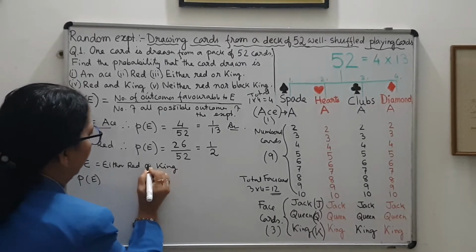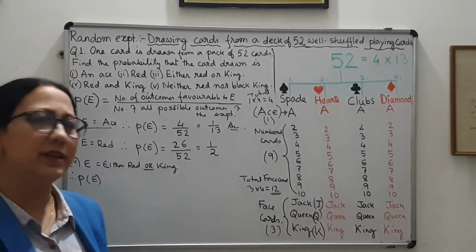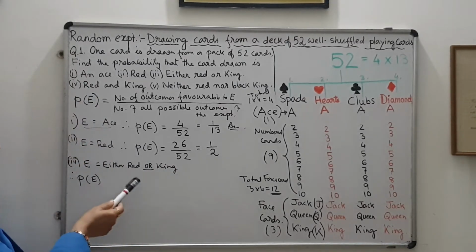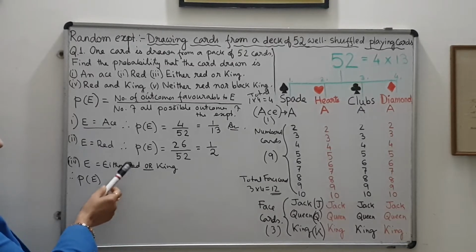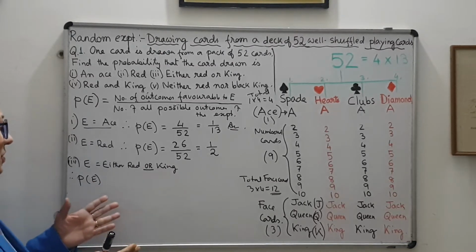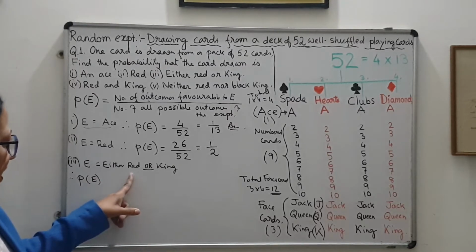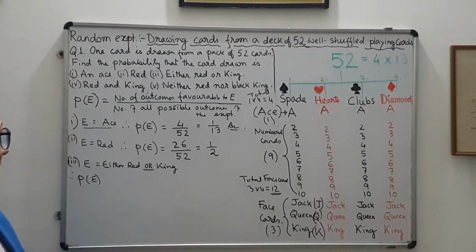When I say either red or king, that means the card can be red, or the card can be king. I have to consider my favorable cards as all the red cards and all the kings.